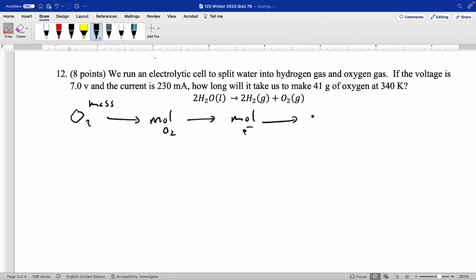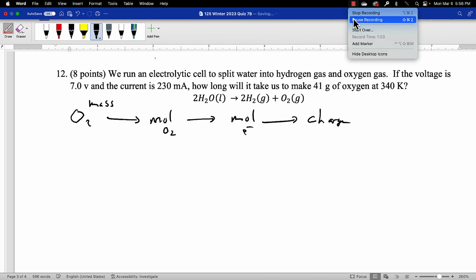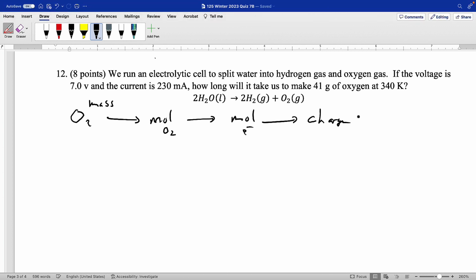And moles of electrons, we could convert that to charge. And so we can relate that to charge, and charge, we could get that if we had the time that we ran current through our apparatus, and the current. Okay, so that gives us our roadmap.